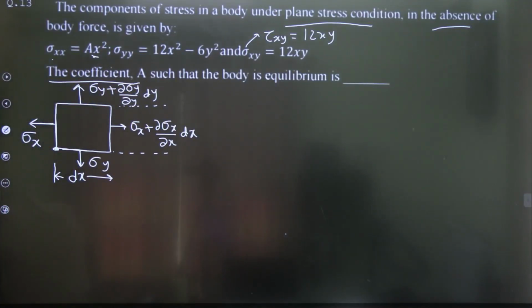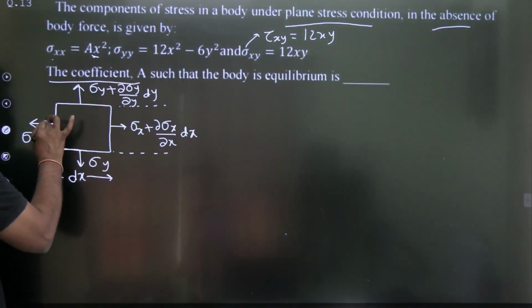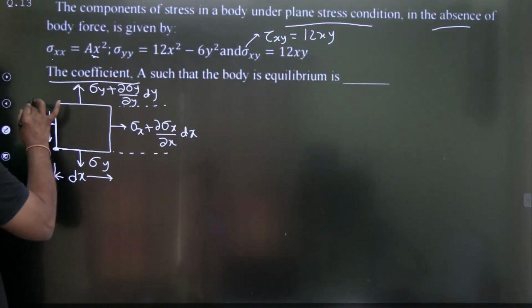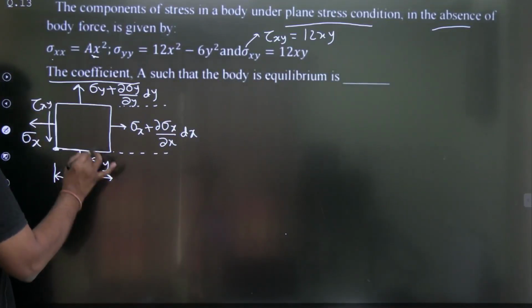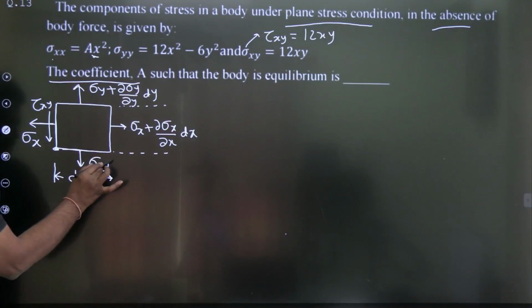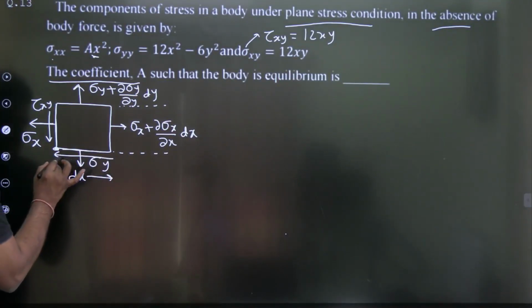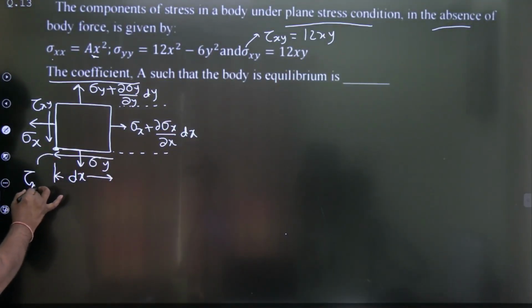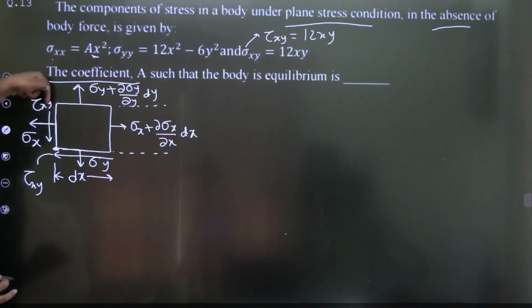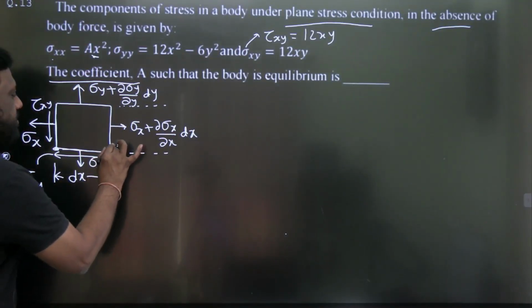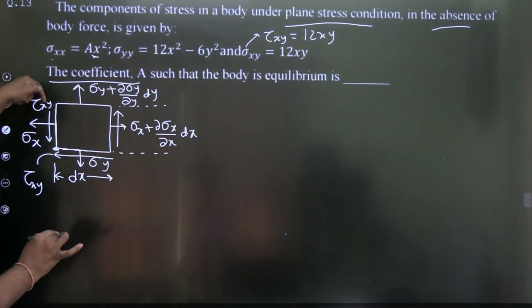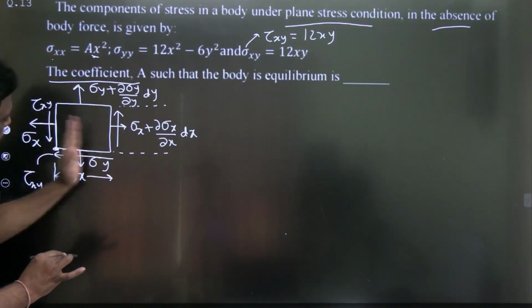Very good, sir. Now, similarly, let the shear stress here be tau xy. And we have already seen, if it is tau xy here, here also it will be tau xy. Now, if it is tau xy, what will be the shear stress at a distance dx?